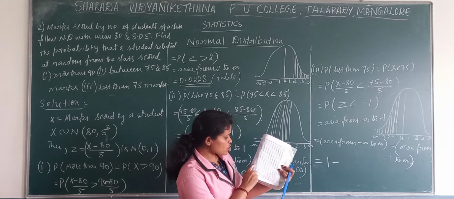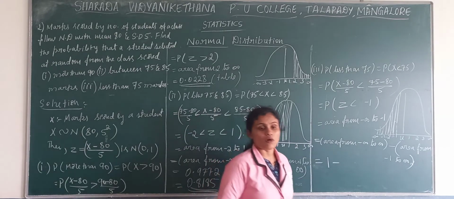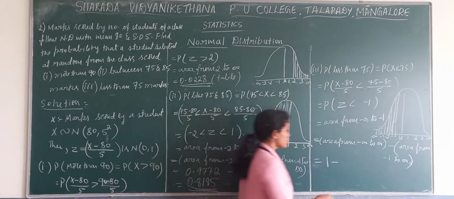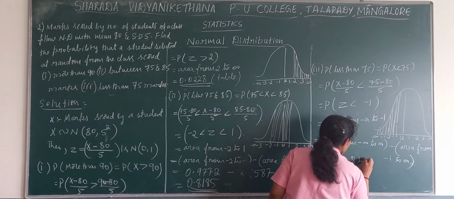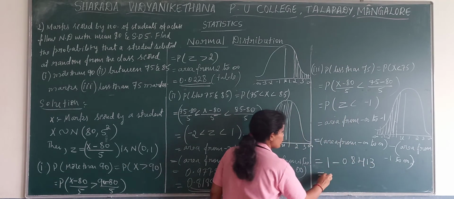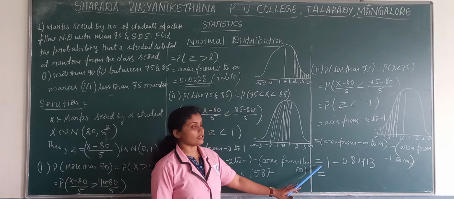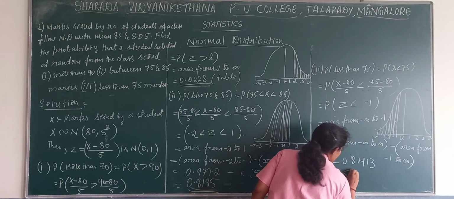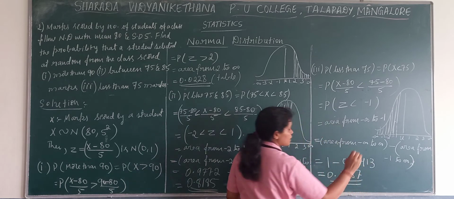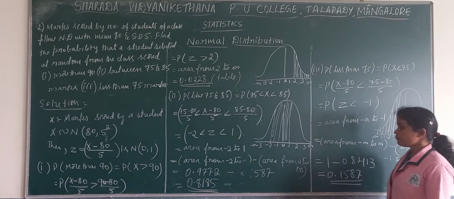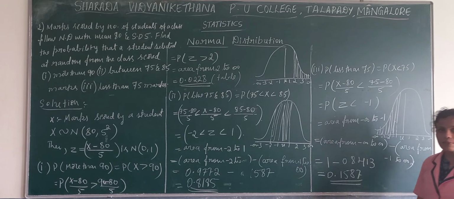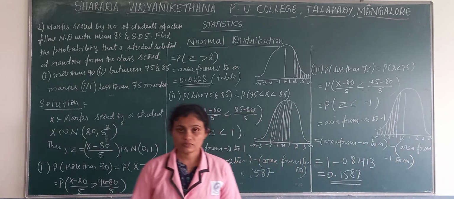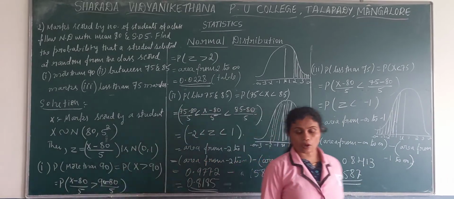Here, for minus 1 we get 0.8413. Now when we deduct 0.8413 from 1, we get 0.1587. This is about less than. So this is about the second problem.